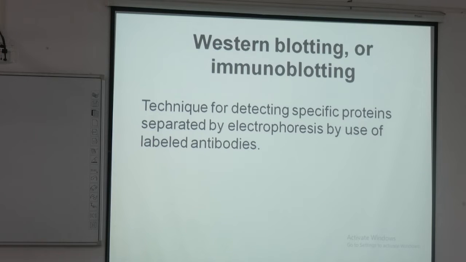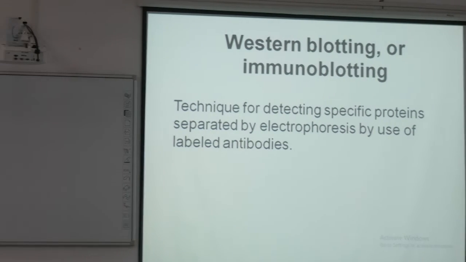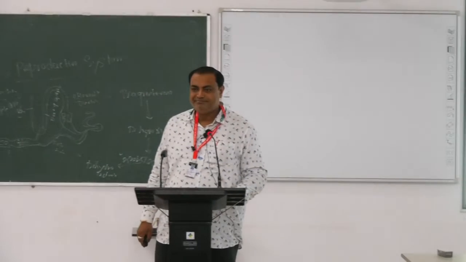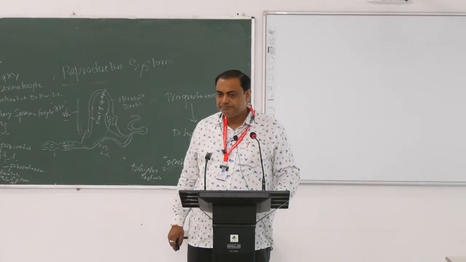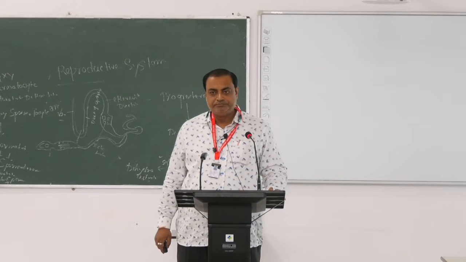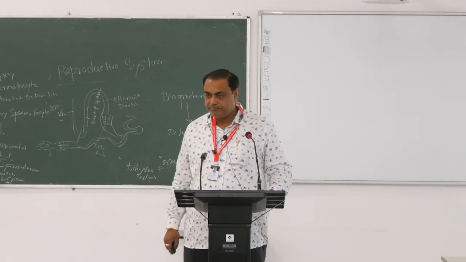Now, the western blot is about identification of protein. So, how do you identify a protein? Eat the protein, taste it and tell. Correct? But not all proteins are so tasteful. Rather, some can be distinguished by their taste or smell.